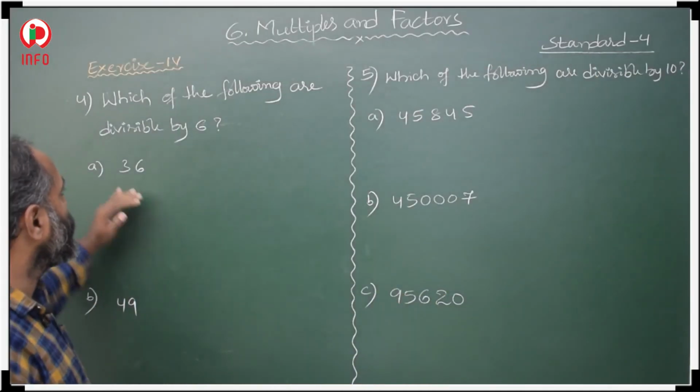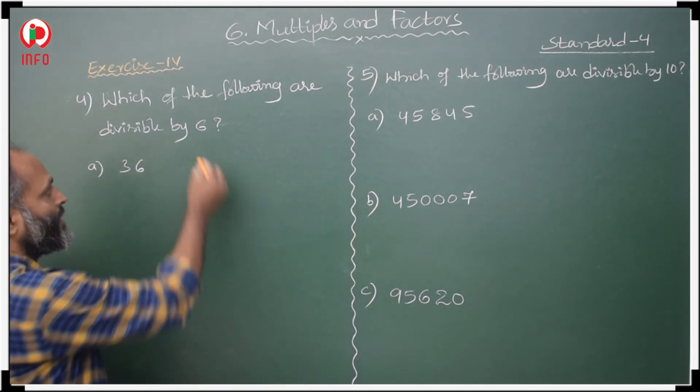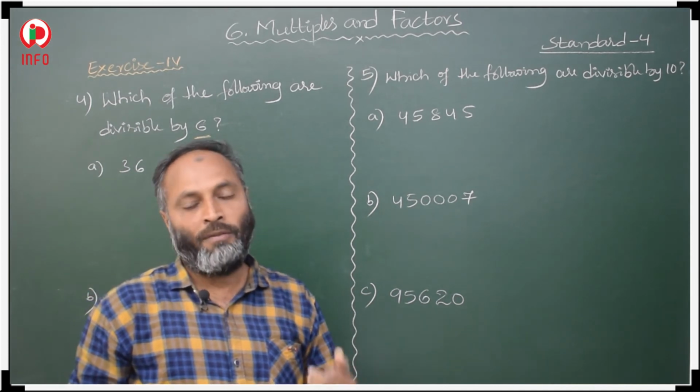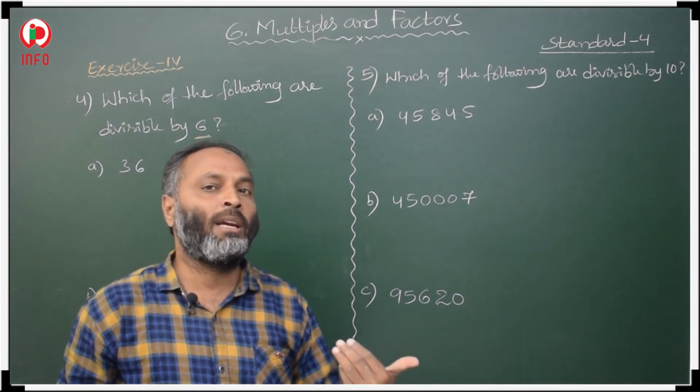Okay, students, next one. Which of the following are divisible by 6? For divisibility by 6, we have to check the 3 table and the 2 table. If the number is divisible by 2 as well as 3, the number is divisible by 6.